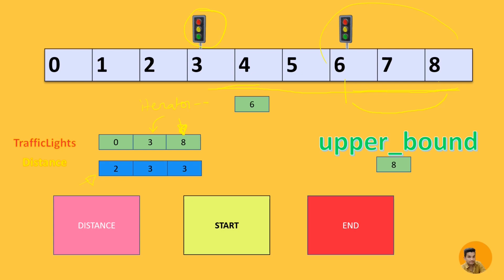Now, since we are using set, it won't allow us to store multiple values, but I think we need to store multiple same values. Why do we need this? Because in the next scenario, let's say this 3 is this one, and the other one is this 3.